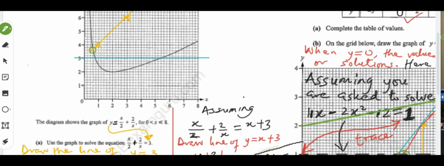So let me just put this to here in case this is given. This is what we'll get. Okay, please go ahead and solve the ones we're given.